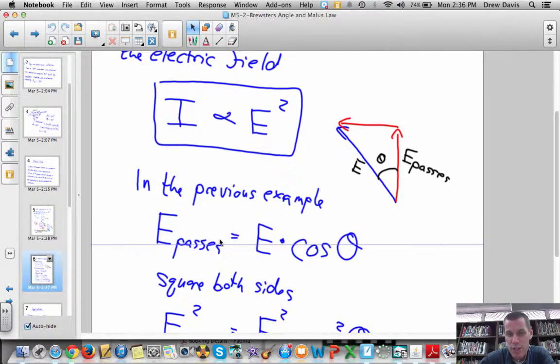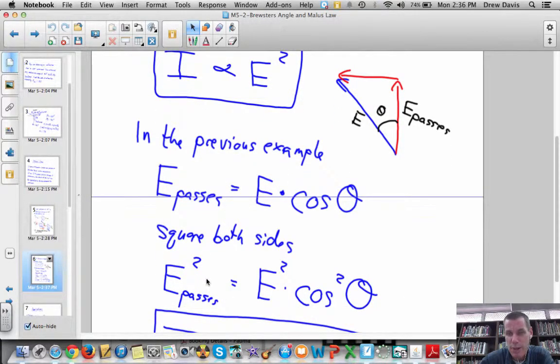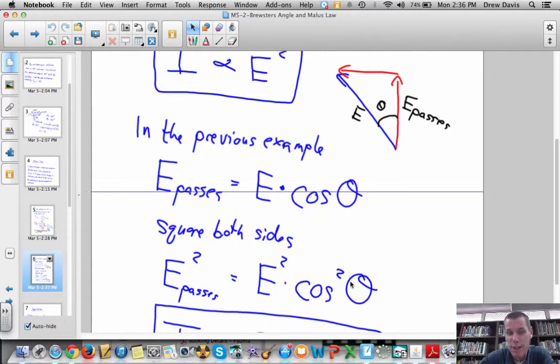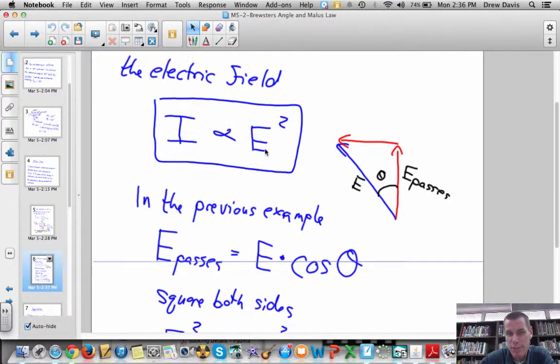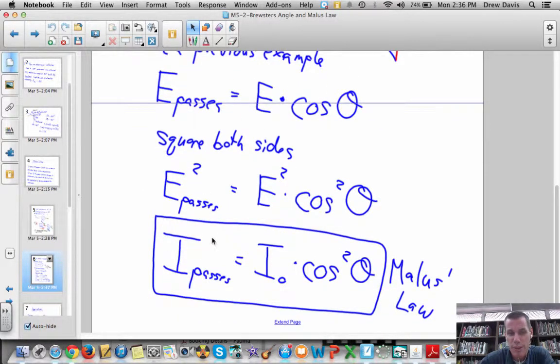If I take this equation and square it, I get E squared of the light passes equals E squared times cos squared theta. And as we set up here, intensity is proportional to E squared, and so the intensity of light that passes is determined by the intensity of light before the polarizer, and the angle between them. That's known as Malus's Law.